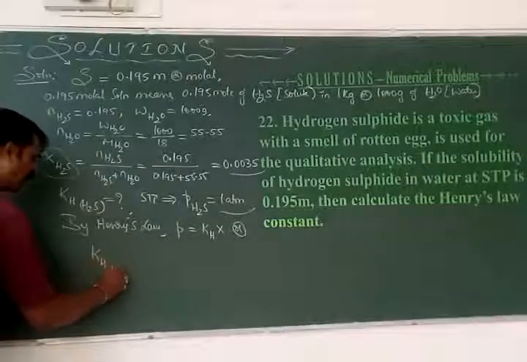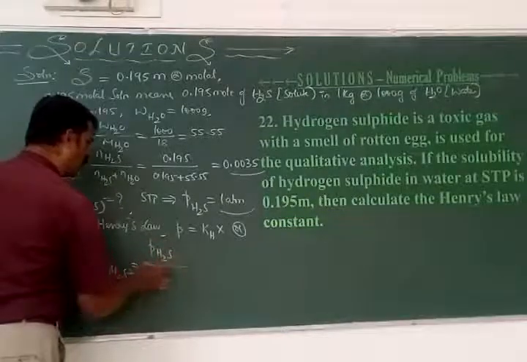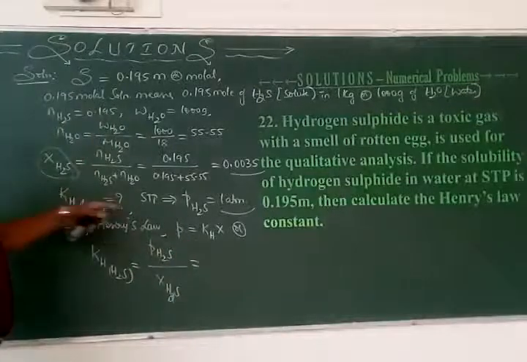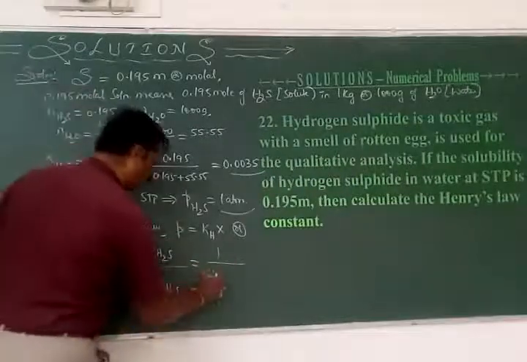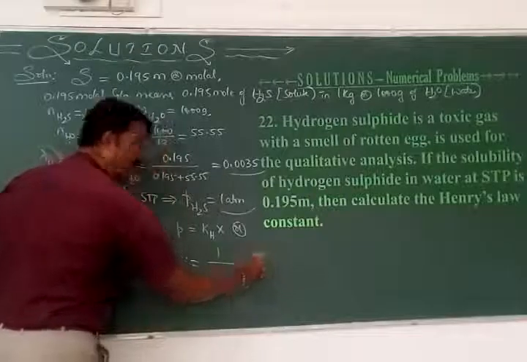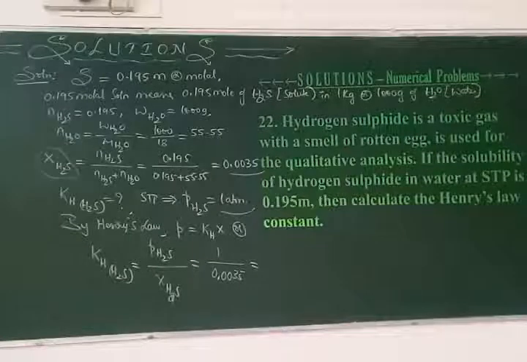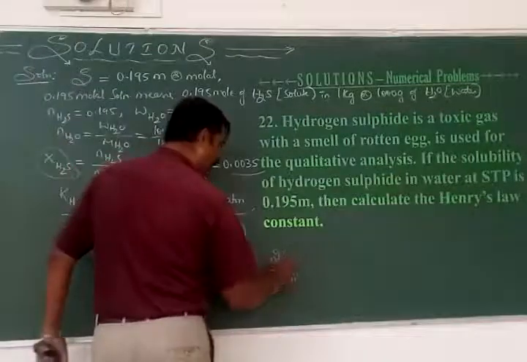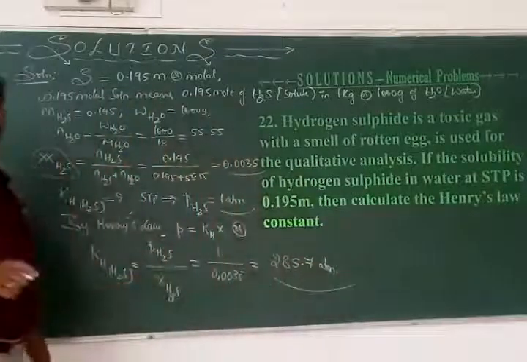Therefore, KH for H2S is equal to the partial pressure of hydrogen sulfide divided by the mole fraction of hydrogen sulfide. That is 1 atm divided by 0.0035. Simplification gives the Henry's law constant as 1 divided by 0.0035, which is 285.7 in terms of atmospheres.